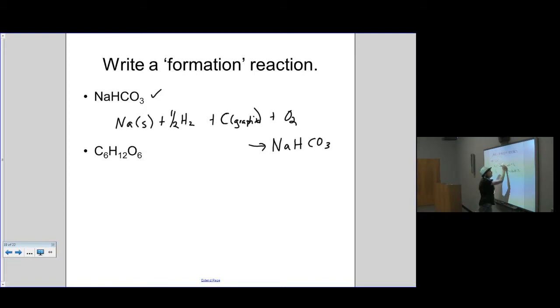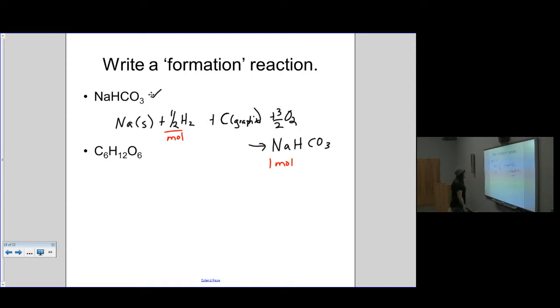We've got an atom of carbon, and then 3 oxygen atoms, so we'll call this 3/2 of the oxygen gas. That would be a formation reaction where you make 1 mole. Now this goes against what we learned when balancing reactions, where we couldn't have a half of a hydrogen molecule or 3/2 of an oxygen molecule, but because we're only trying to make 1 mole, these are all considered moles, not molecules.